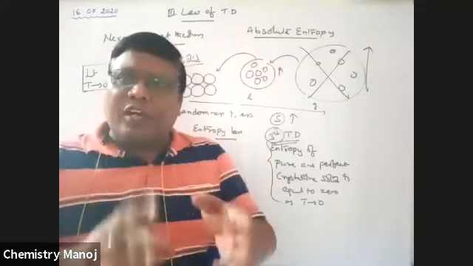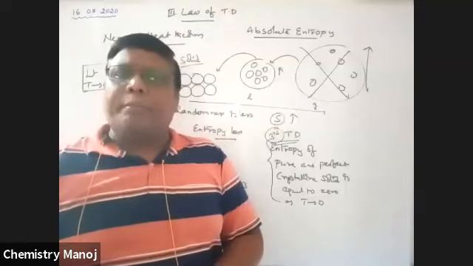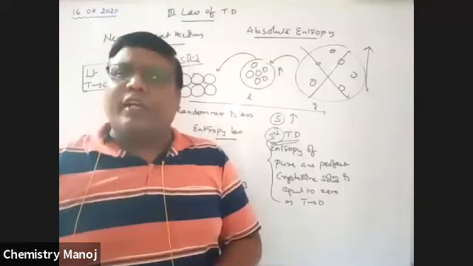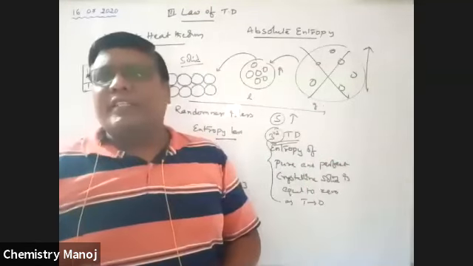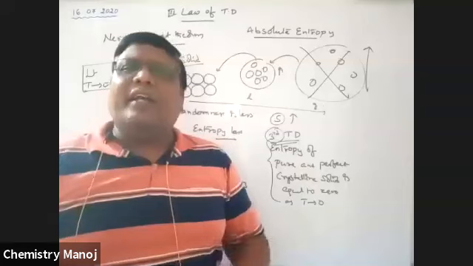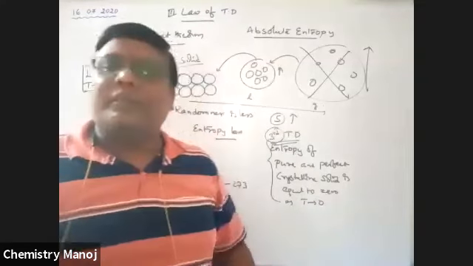That means if you want to find out absolute entropy, the temperature should reach minus 273 degrees centigrade. It is not possible, my dear boys.